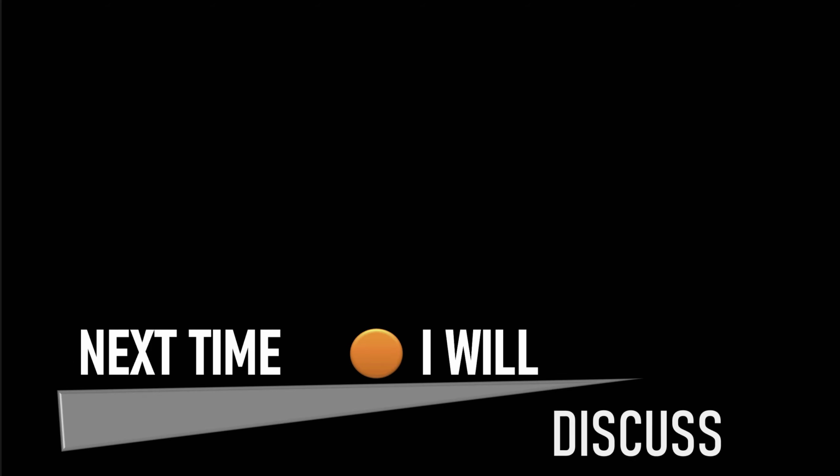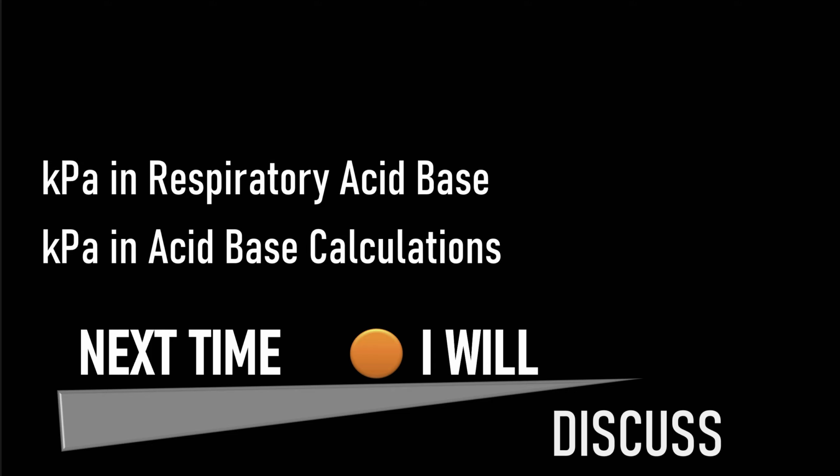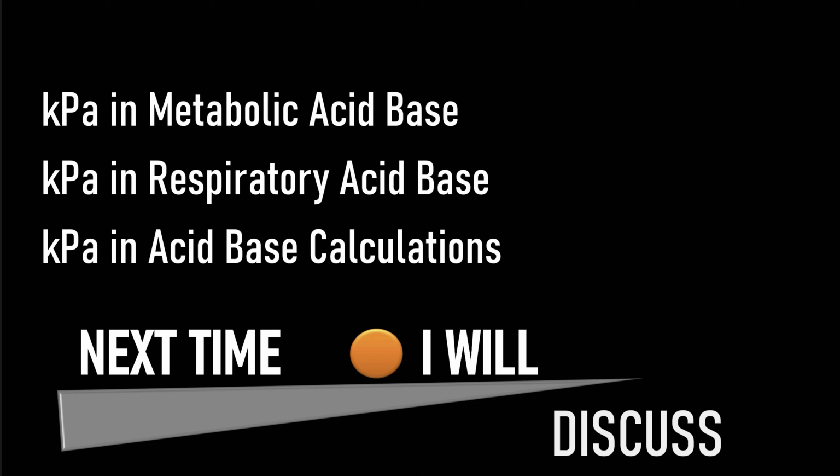In the next tutorial, I will discuss kilopascals in acid-base calculations. Kilopascals in respiratory acid-base, that's hypercarbia, hypocarbia, and kilopascals in metabolic acid-base abnormalities, looking at compensation for metabolic acidosis and alkalosis. Join me then, and I guarantee you'll learn something.